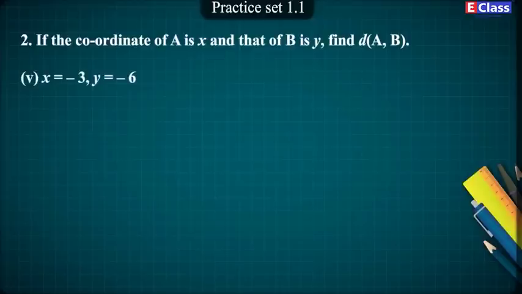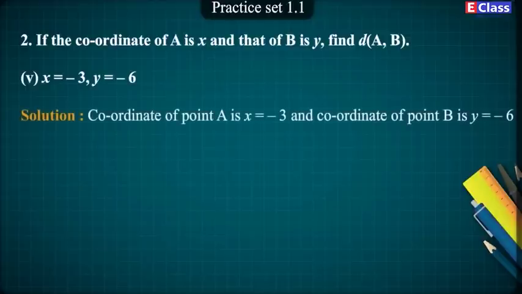5. X is equal to -3. Y is equal to -6. Solution: coordinate of point A is x is equal to -3 and coordinate of point B is y is equal to -6. -3 is greater than -6.